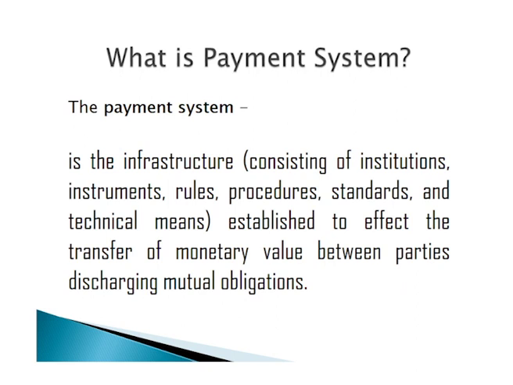Let us see the formal definition of a payment system. A payment system is the infrastructure consisting of institutions, instruments, rules, procedures, standards and technical means established for the transfer of monetary value between parties discharging mutual obligations.